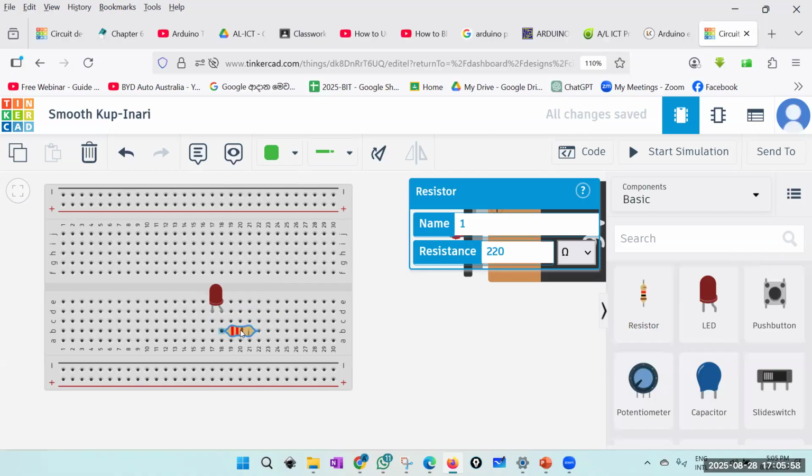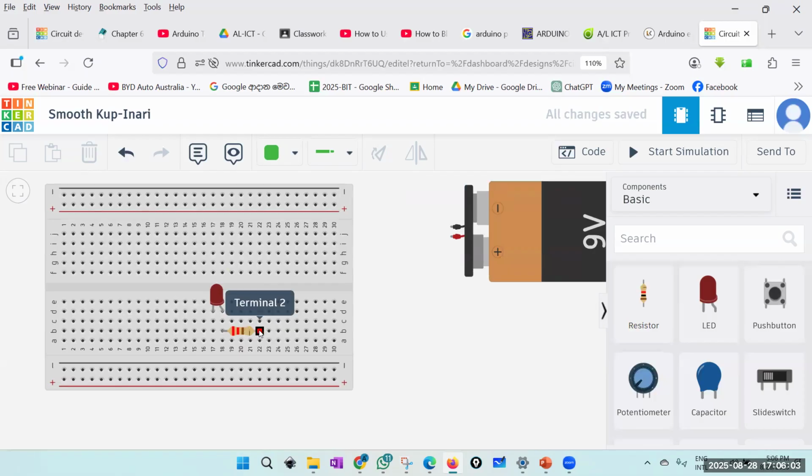You need to connect like this. I have connected to the same vertical line because remember these are interconnected. So from the resistor, electricity goes to the anode, and then it comes here, then electricity is here once you connect.